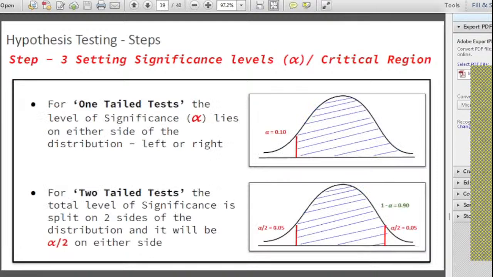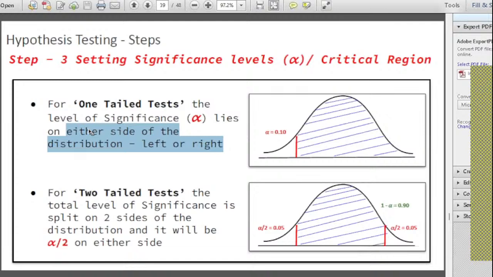Now, for one tail test, the level of significance, that is alpha, lies on either side of the distribution, left or right, isn't it?